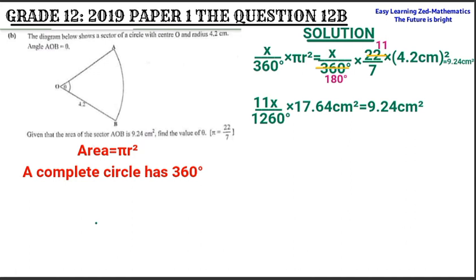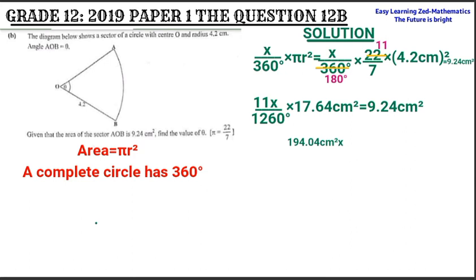Once I've done that, the next thing I'm going to do is multiply 11x by 17.64 centimeters squared, which will give me 194.04 centimeters squared x, because I've multiplied 11x by 17.64 centimeters squared.